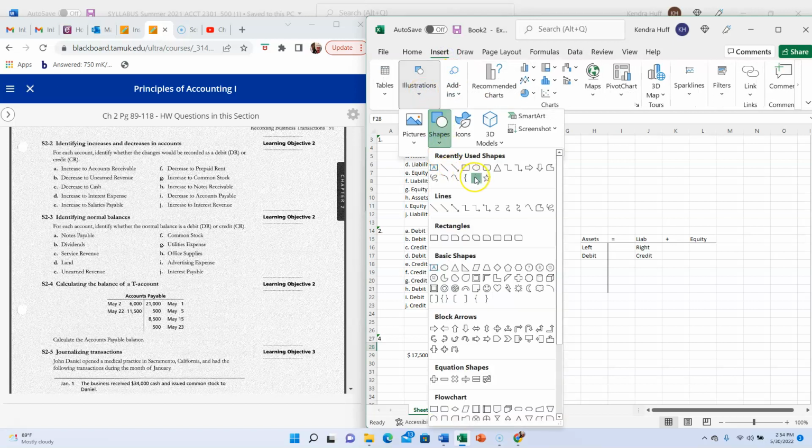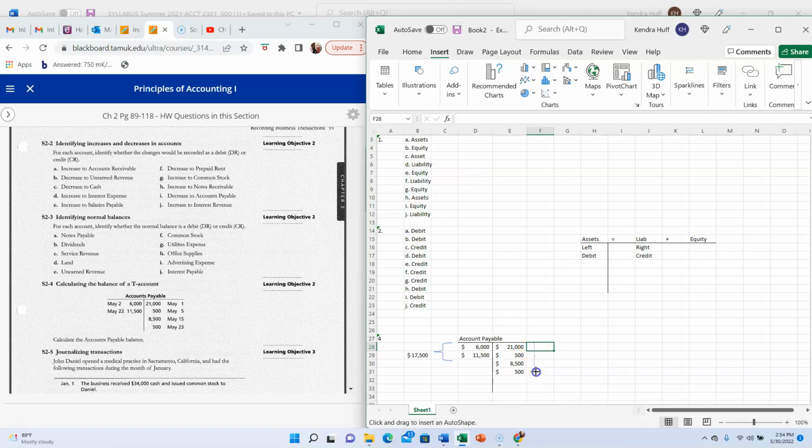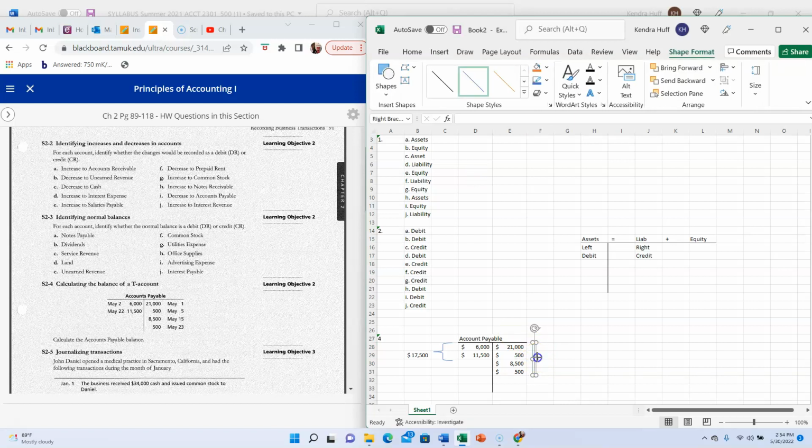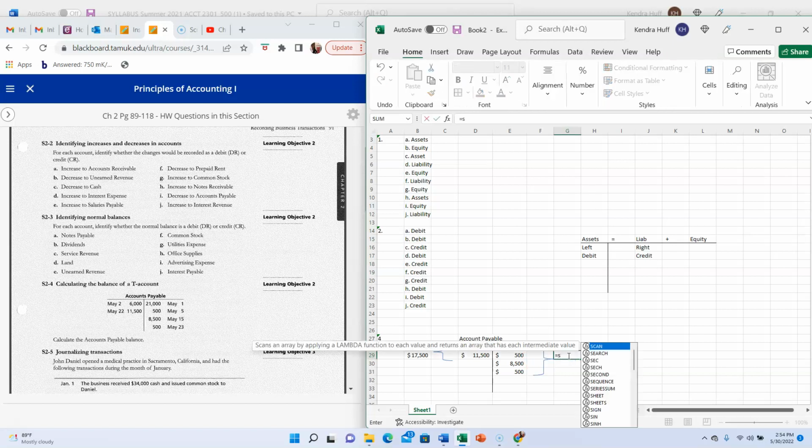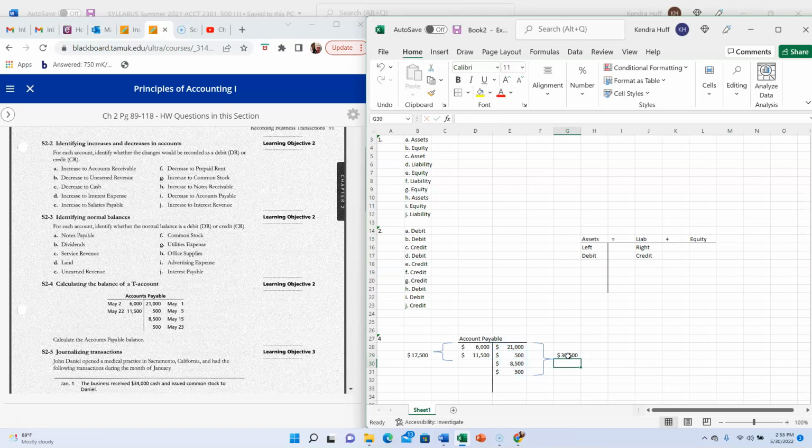Not two, those 4. So you add up all the debits, and you add up all the credits. Now, this is a liability, so it should have a credit balance. So you're going to be over here on the credit side. And you're going to take all the credits minus the debits. And that's your balance, 13,000.